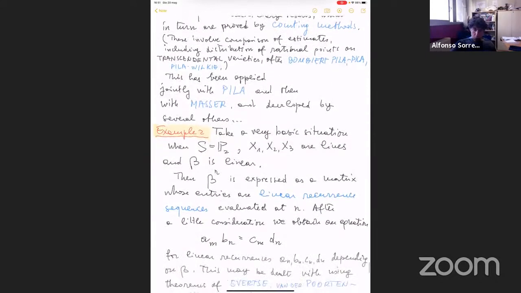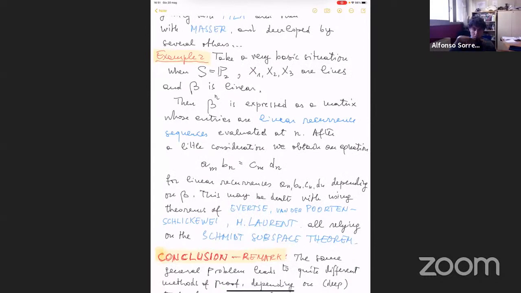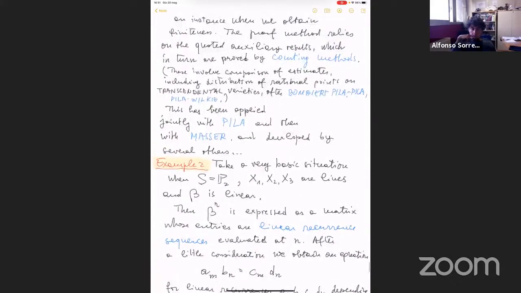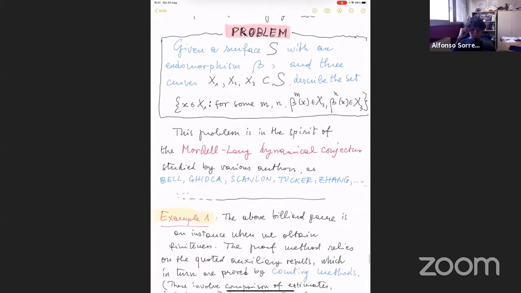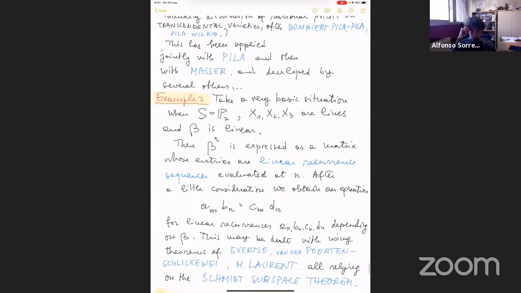Another very simple special case is when we take the surface being the projective plane, the simplest surface that we may think about, and the three curves are the simplest curves that we may think about, namely lines, and the endomorphism is the simplest possible, linear.